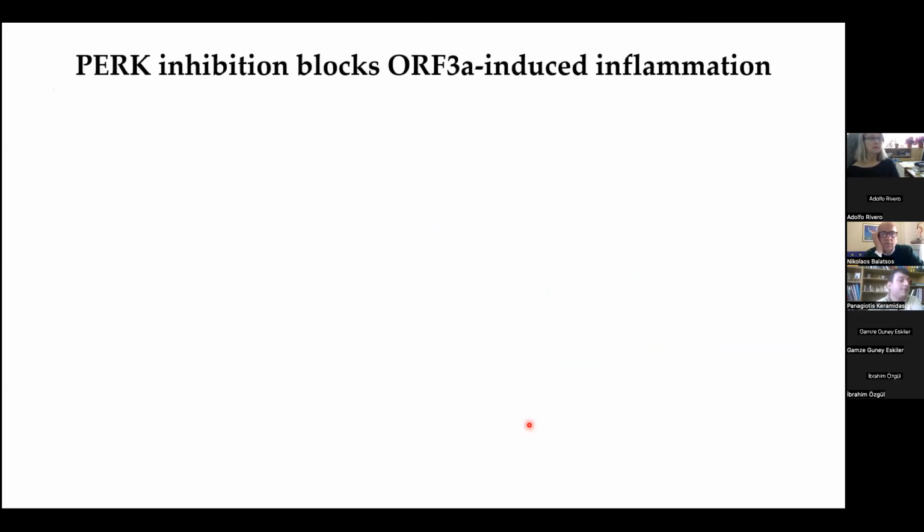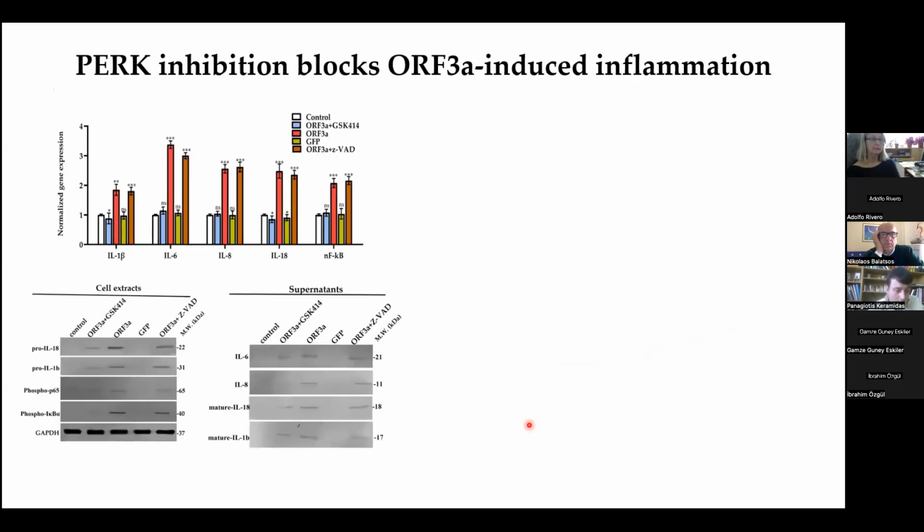Then another function of ORF3A is related to the inflammatory response of the cells. Indeed, ORF3A can upregulate many pro-inflammatory factors such as interleukins 1b, 6, 8, and 18, as well as the active phosphorylated form of NFKB, and can induce the phosphorylation of the inhibitor of NFKB, IKBA, which leads to its degradation.